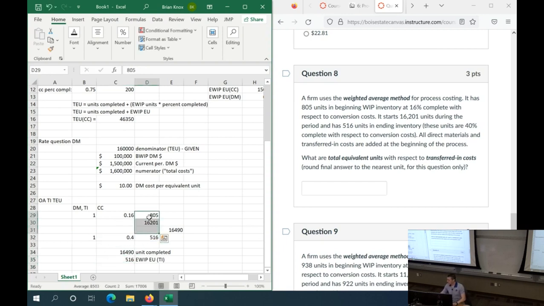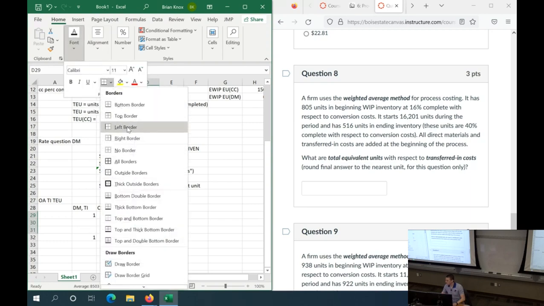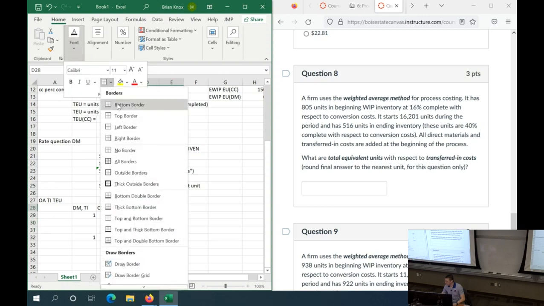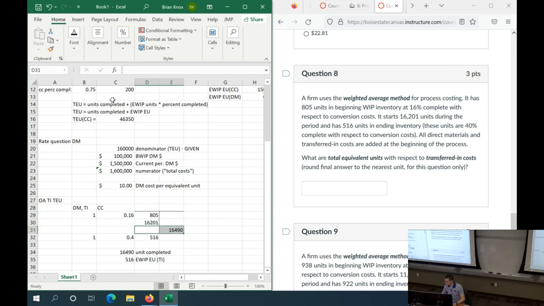So I'll even draw, because it's so exciting, a little T account. Oh, missed a square. There we go. This is not a dollars T account. This is a units T account.